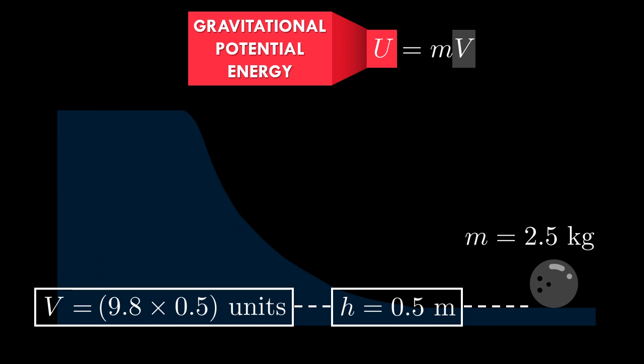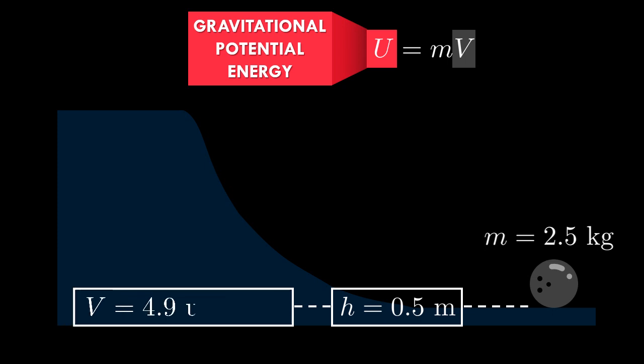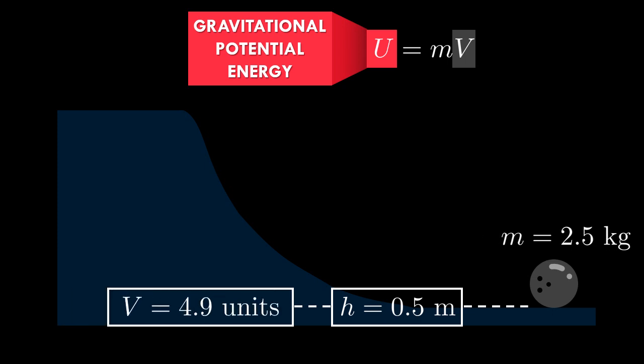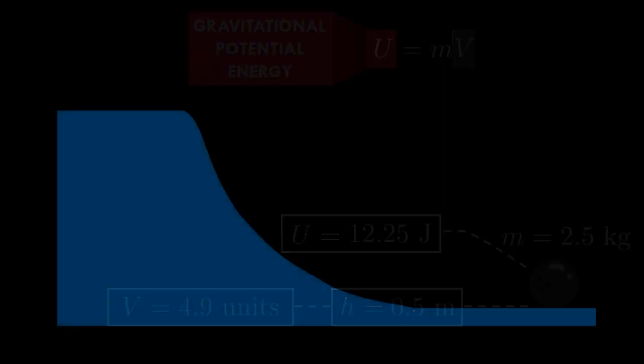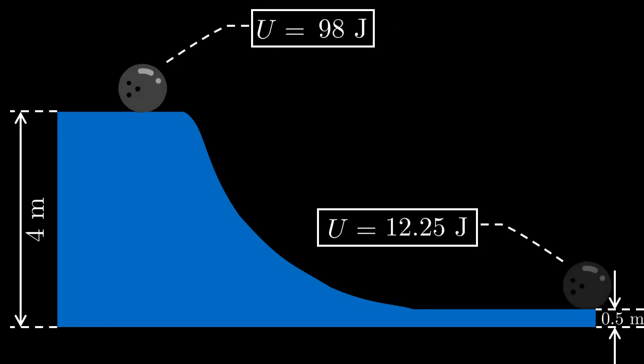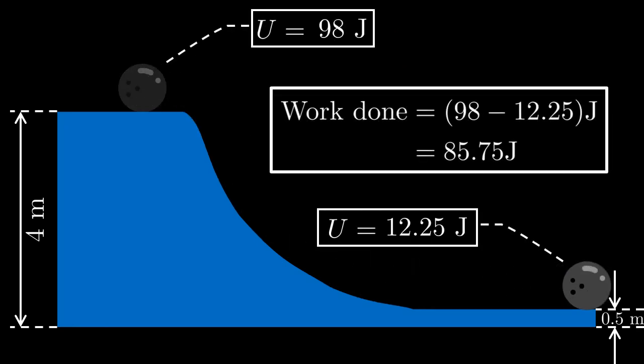At 0.5 meters height, it would have a potential of 9.8 times 0.5, which equals 4.9 units. And since the bowling ball has a mass of 2.5 kg, the potential energy U would be 12.25 joules. And just like before, the energy difference would be the amount of work done.